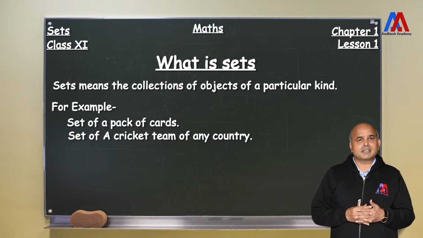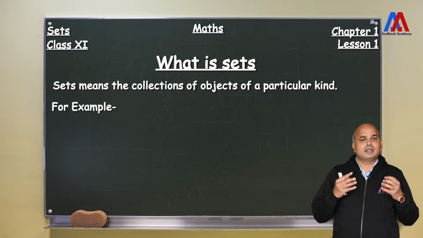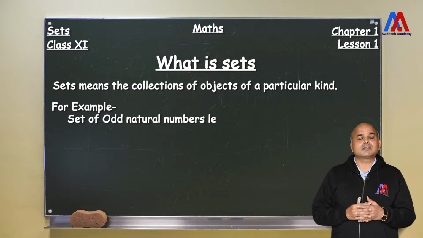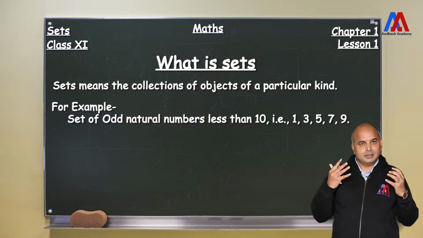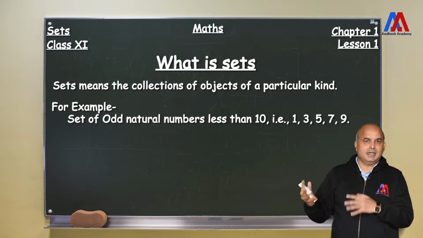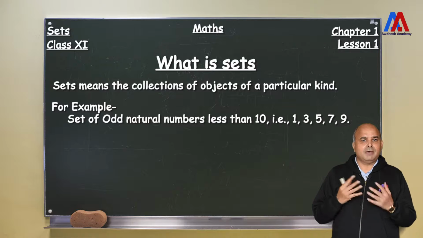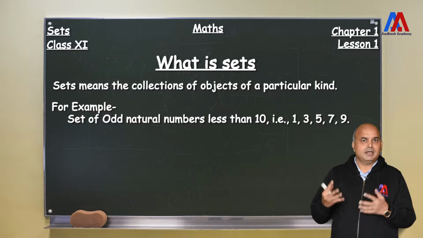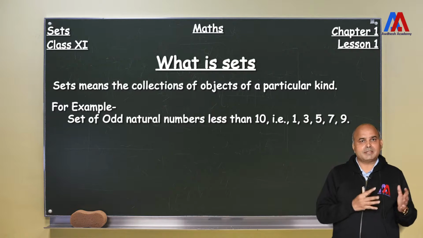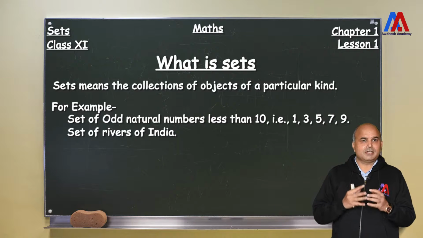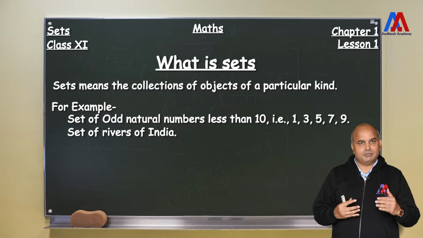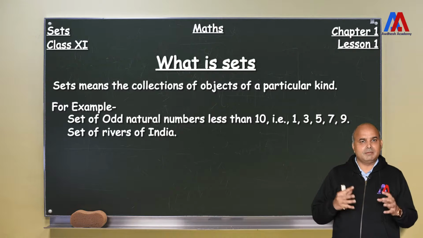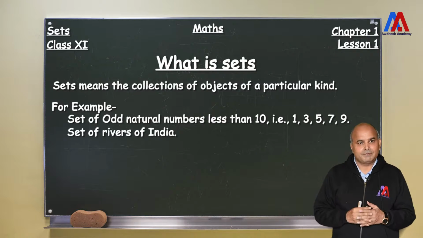Now I will give you some examples of the set. For example, there are odd natural numbers less than 10. Suppose you want to make a set of all the odd natural numbers which are less than 10. Then the set will naturally be 1, 3, 5, 7 and 9. In the same way, we can have a set of the rivers of India, because the rivers of India are fixed, and so if you give the name of all the rivers like Ganga, Yamuna and all these rivers, then that will become a set of all the rivers of India.